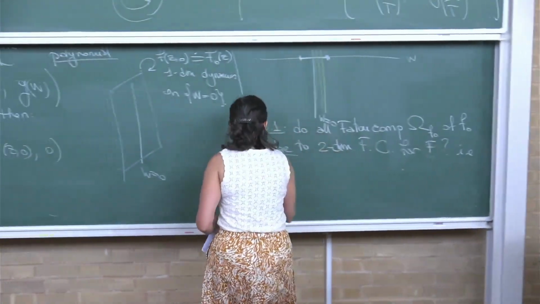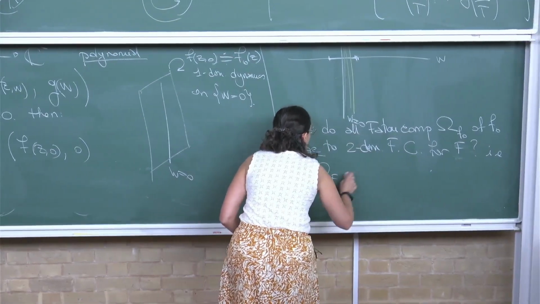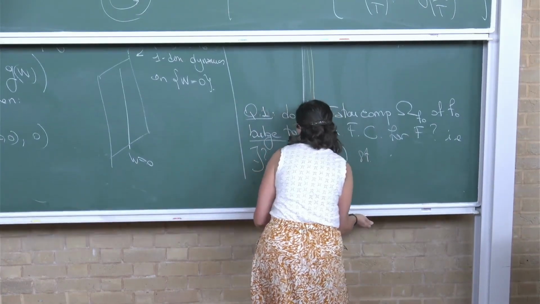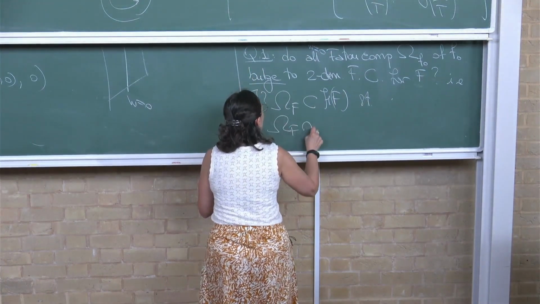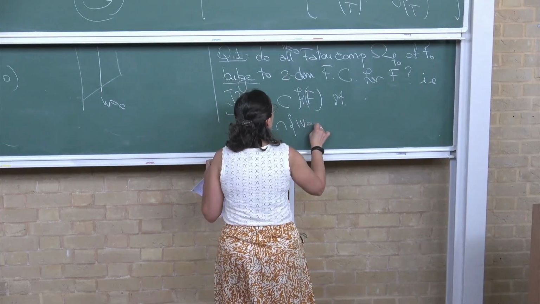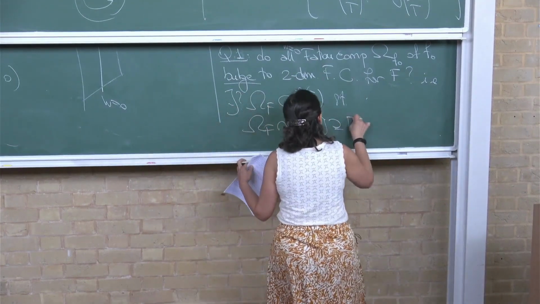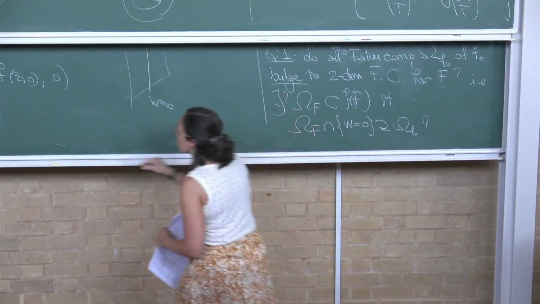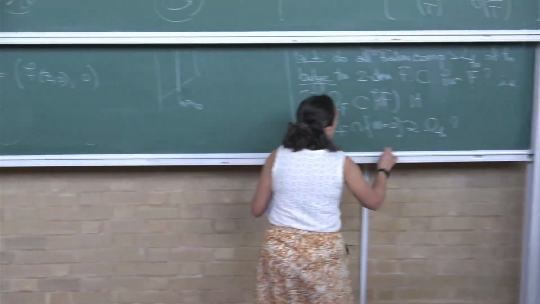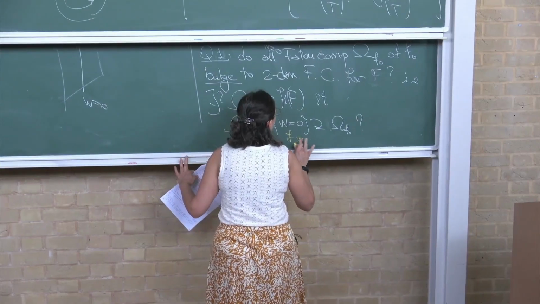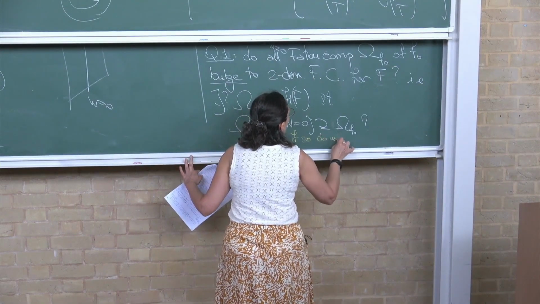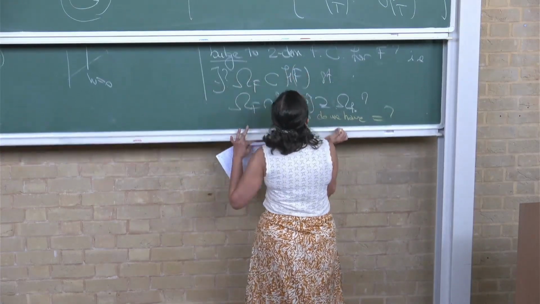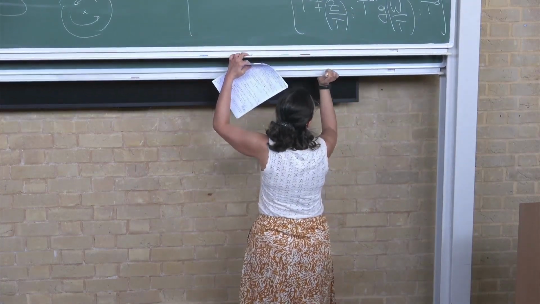So there exists Omega F in the Fatou set of capital F, such that when I take Omega F and intersect it with w equals 0, it contains Omega little f_0. And actually, you can even ask more: are they equal? If so, do we have equality?